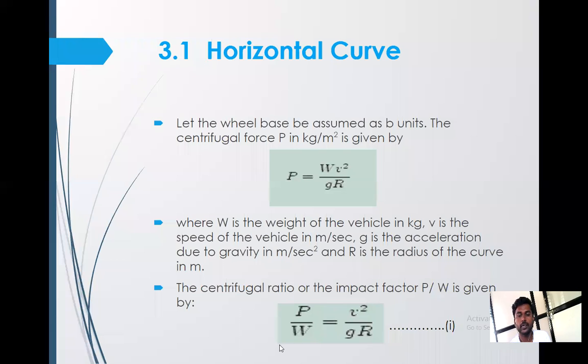So what is V square by gR? This ratio is called the centrifugal ratio, or it is also called the impact factor. This is called the centrifugal ratio, as well as the impact factor.